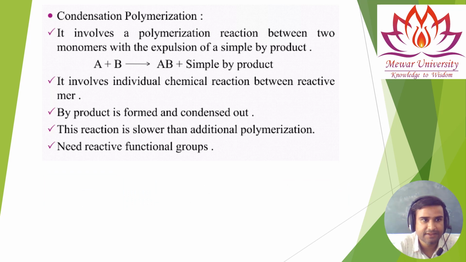And then the next type of polymerization is condensation polymerization. Condensation polymerization involves a reaction between two monomers with expulsion of a simple byproduct. You can see the two particles are A plus B. This makes a new polymer, that is AB plus a simple byproduct.